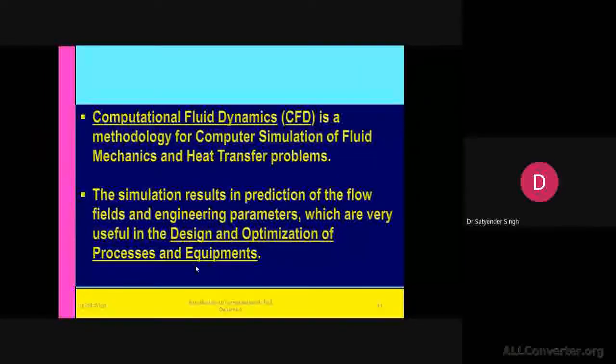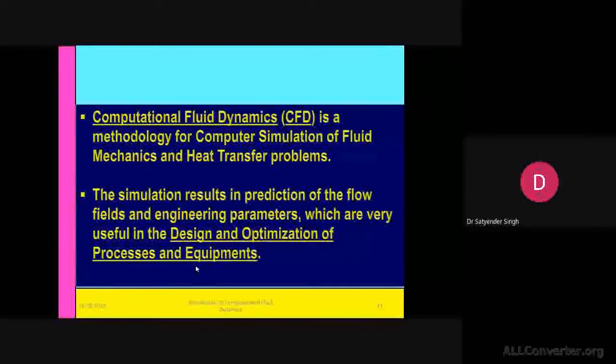And the conventional definition of CFD, as you all know, is the numerical way to solve heat transfer and fluid dynamics problems. CFD is a methodology for computer simulation of fluid mechanics and heat transfer problems. The simulation results in prediction of the flow field and engineering parameters, which are very useful in the design and optimization of the process and equipment.